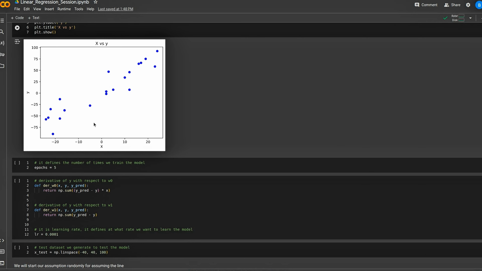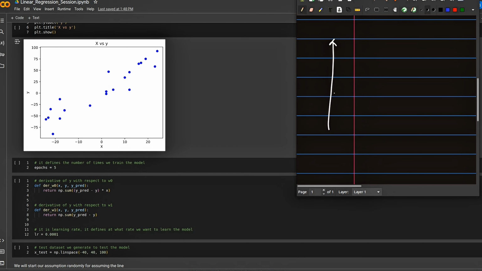Now that you've plotted it, can we formulate some form of line? You have something like this. This was bedrooms and this was price.